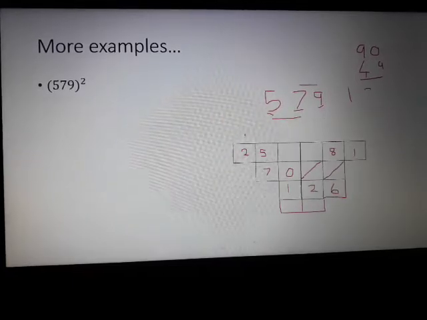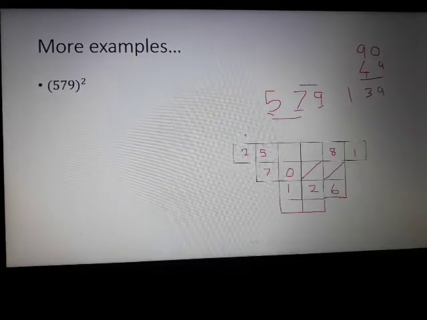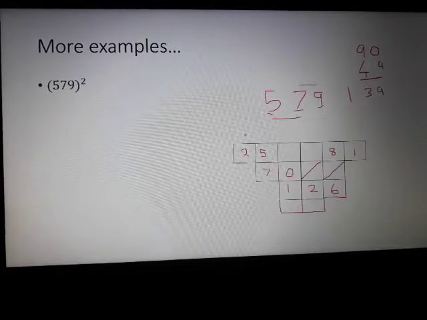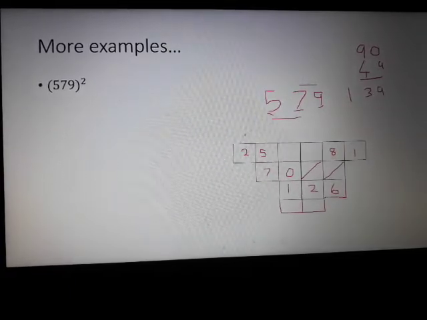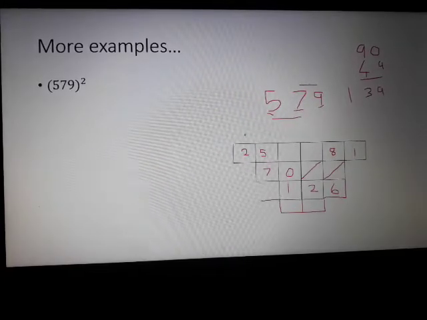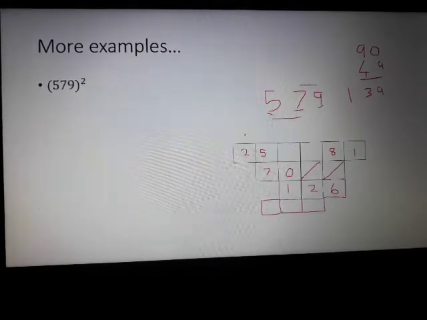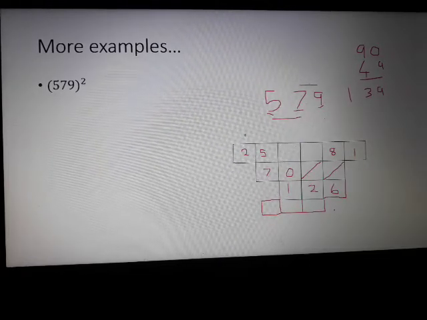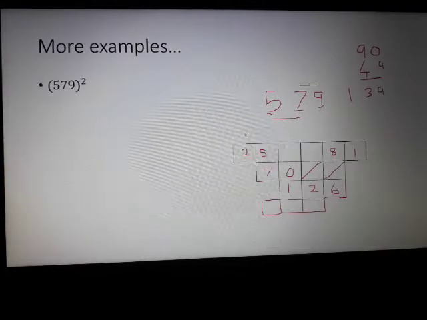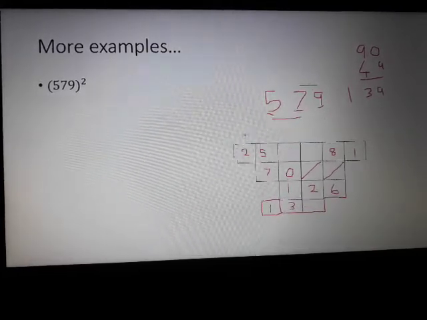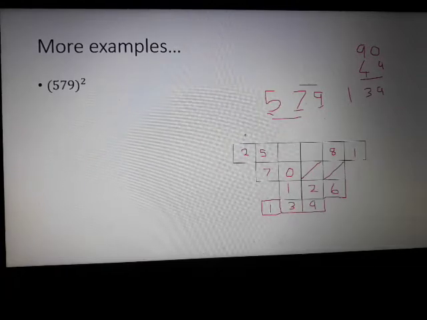We have 139, and write the result in the bottommost row. However, the result has 3 place values, but we have only 2 boxes. So draw an additional box to the left. Always remember, whenever we need an additional box, it is always drawn towards the left, and the result 139 will be written in its respective boxes.